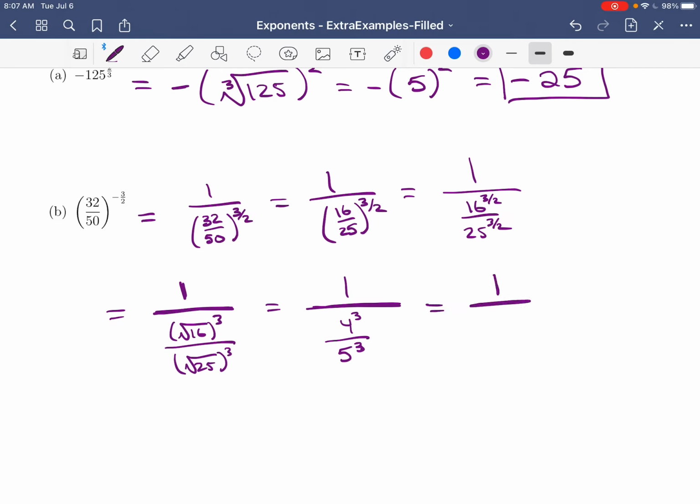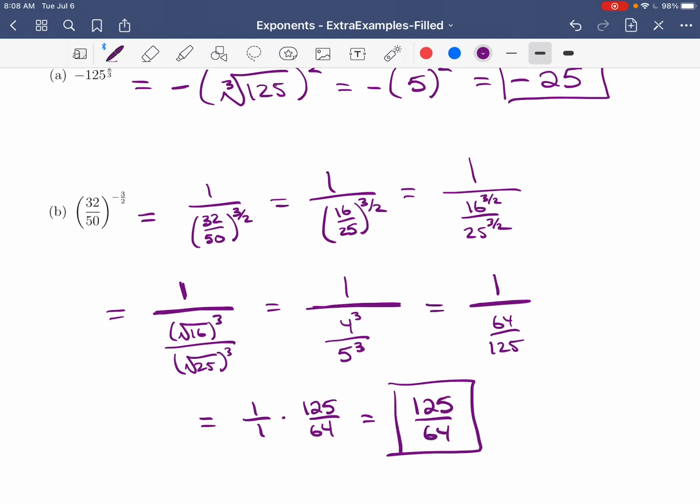So that's 1 over 64 over 125. And I have a fraction over a fraction, so the top fraction is 1 over 1. So I flip the bottom one and then multiply instead. So I end up getting 125 over 64, which is in lowest terms. There's no common factors there.